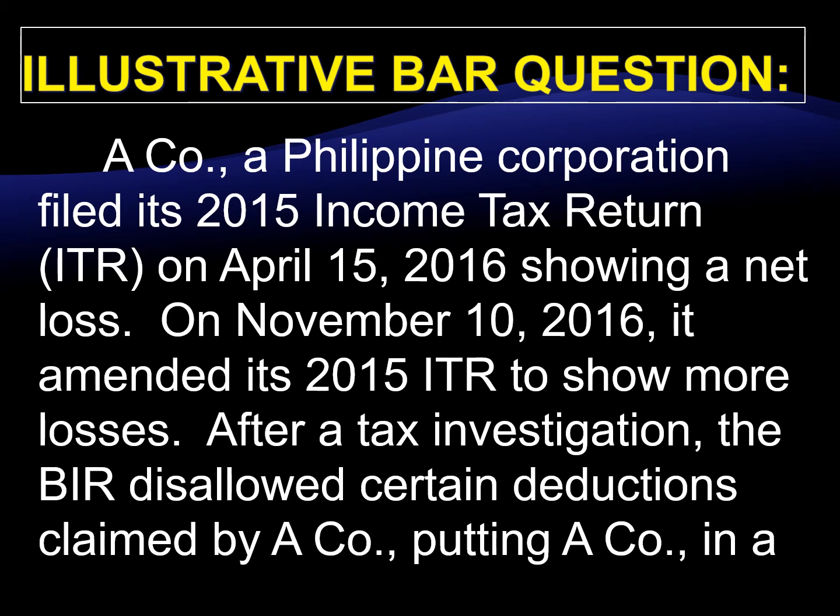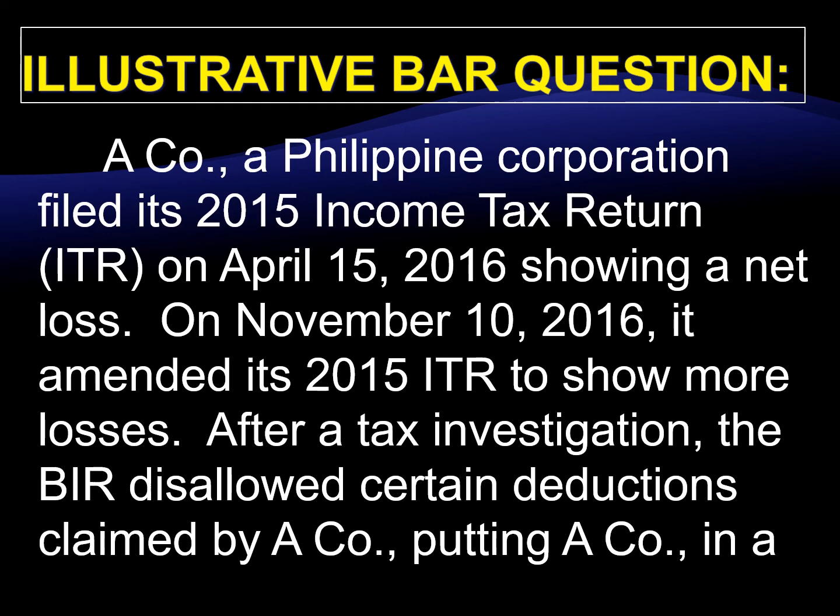Since this is prescription, what should come to your mind? What is the importance of ACO having filed on April 15, 2016? Now, the important thing to remember here is that the Bureau of Internal Revenue has a period of 3 years from the time the return was filed, or should have been filed, whichever is the later of the two.